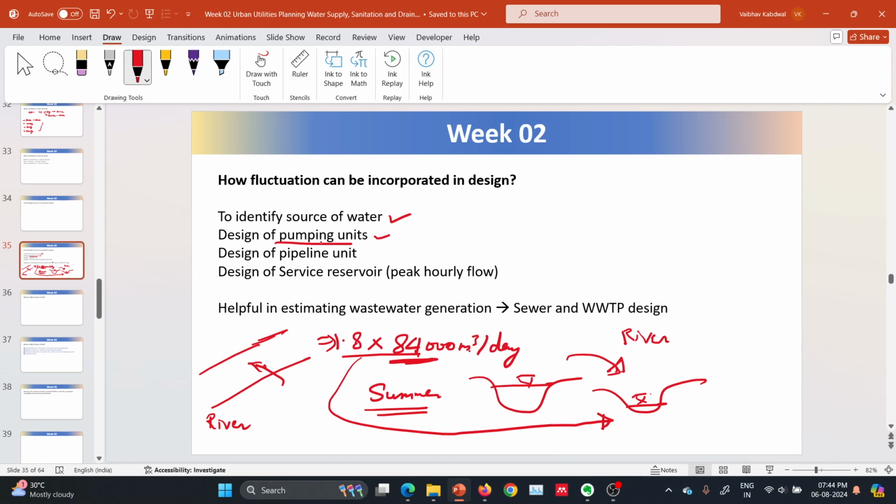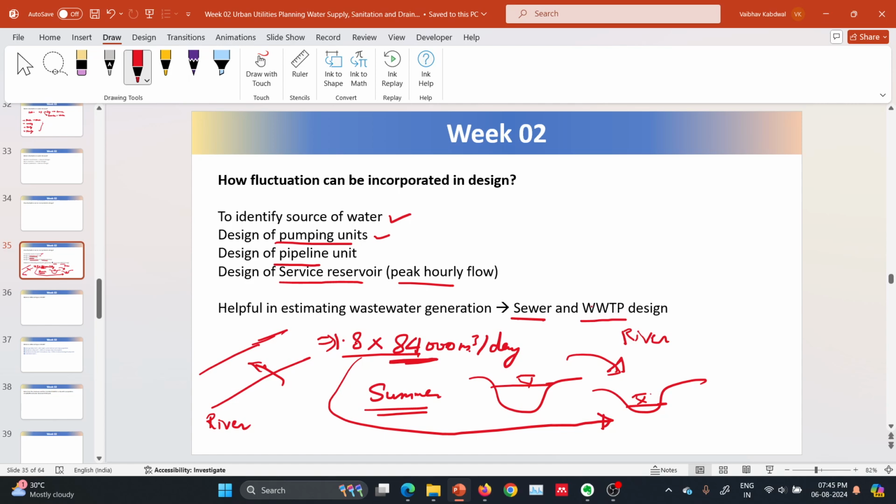So the fluctuation is required, and pipes are also designed based on the flow rate. If we require more water, we need to have a larger diameter of pipe. And design of service reservoir: the service reservoir is also designed based on the peak hourly flow. The fluctuations are also helpful for the design of sewers and wastewater treatment plants.